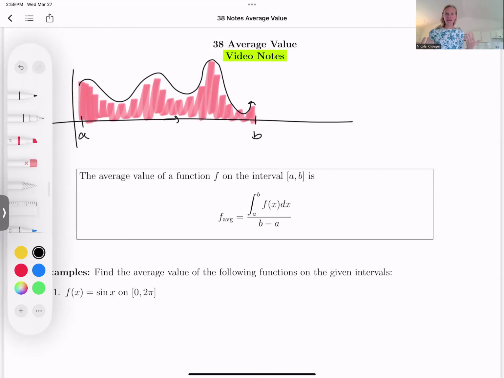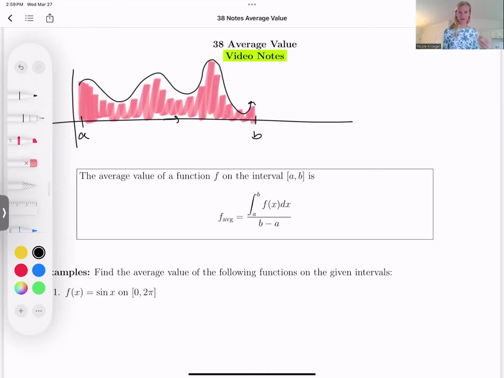When we think of finding averages, here we're thinking about finding an average y value, but we have infinitely many points on our graph. So we can't treat this just like we would have before, where if I wanted to find my average grade, I would add the 5 grades together and divide by the number of grades, because we have infinitely many things. But we can start with that same idea.